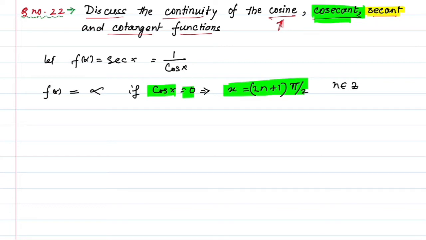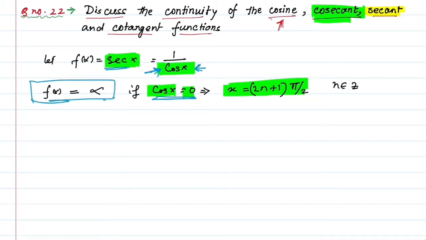So, in this case, for this function to be continuous, to be defined, cos x cannot be equal to 0. Also, we know sec x is the inverse of cos x. So, here you see, if cos x is equal to 0, then this function sec x is not defined, f of x is not defined in this case.